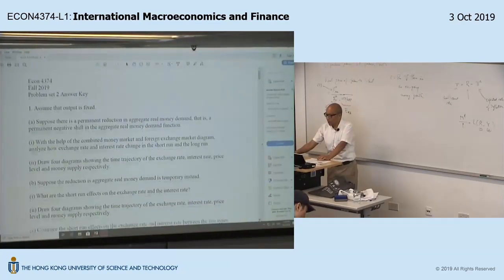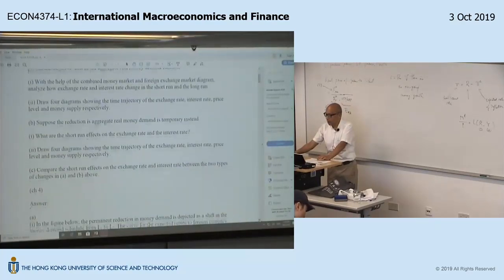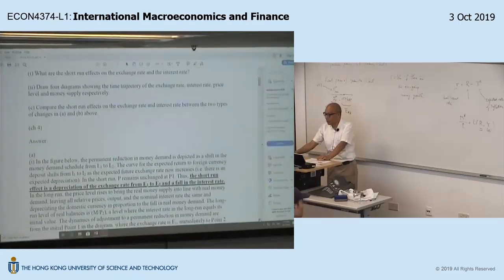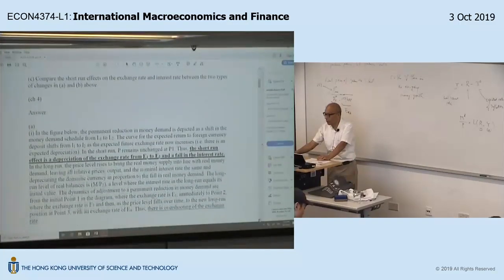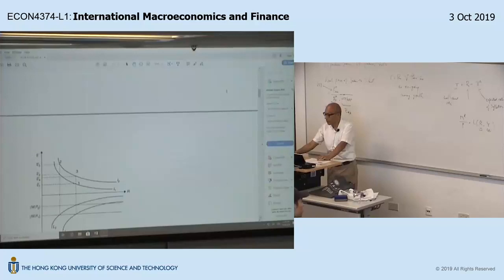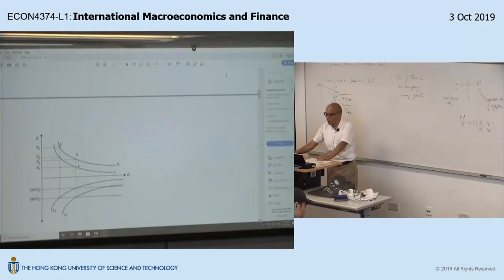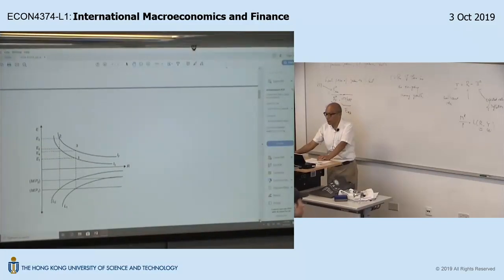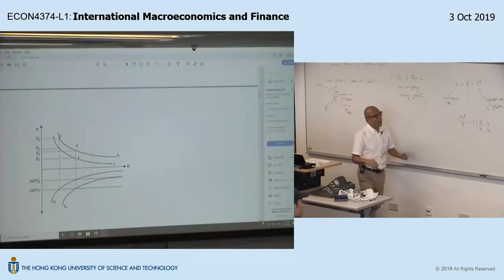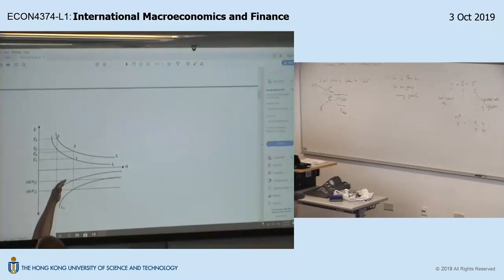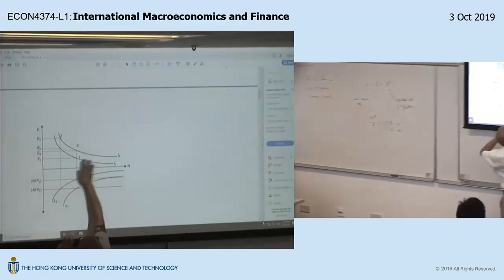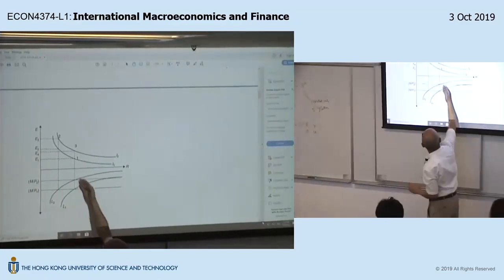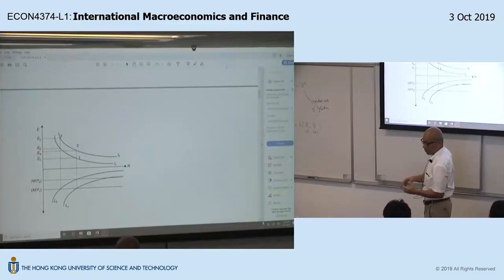So here's the main thing, right? We have this diagram. You have this shifting in, and then this shifting out. This shifts in just because of the assumption of the question.